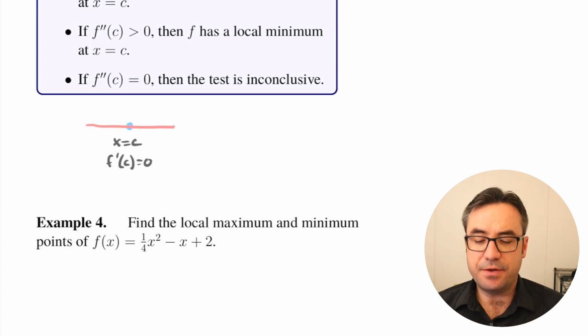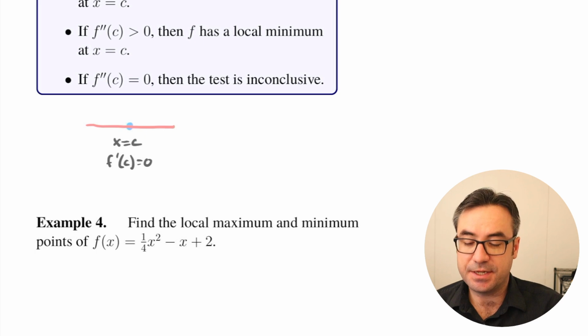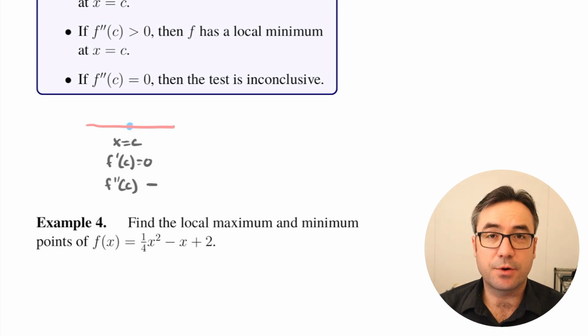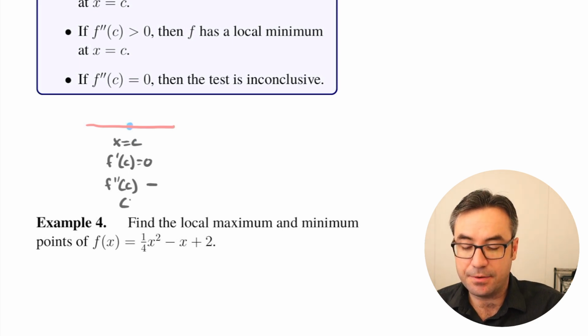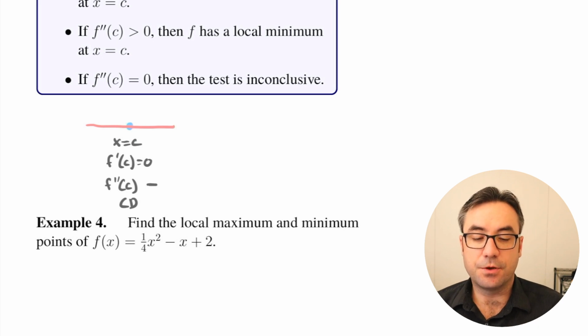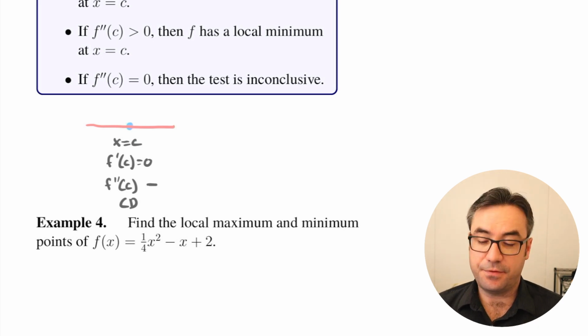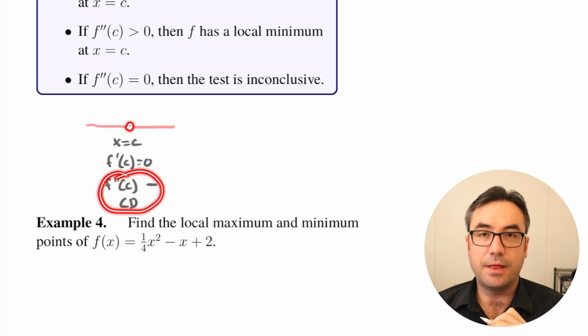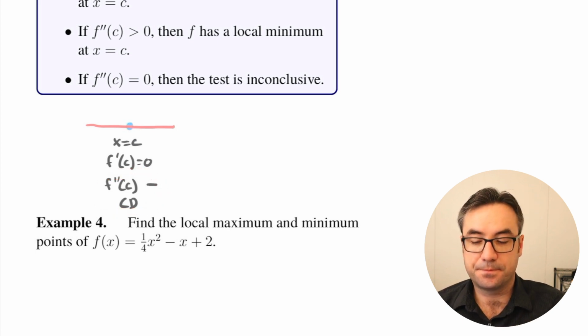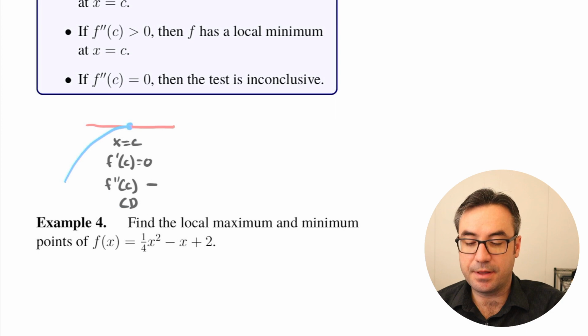So if our second derivative is negative, let's say that we plug our critical number into the second derivative and we get a negative. Well, when the second derivative is negative, that means concave down. And so there's really only one way our graph can look if we know that it has a horizontal tangent and it's concave down all at this critical point. It has to look something like this.